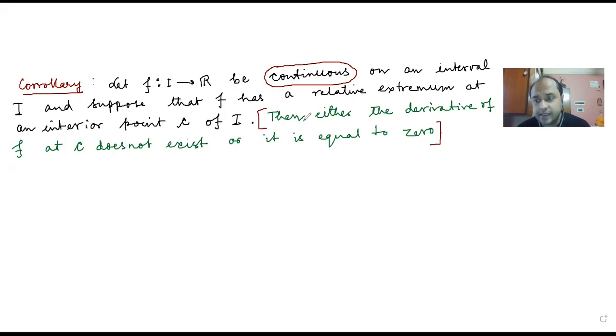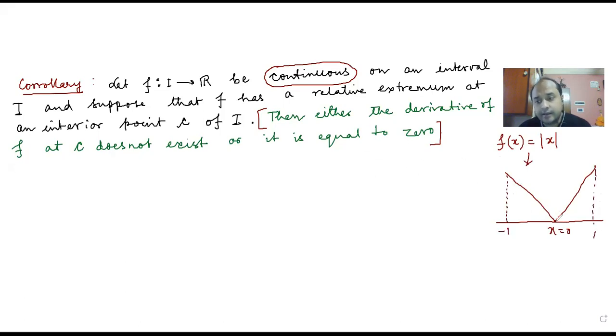We have already seen one example in my last class where I told you such a scenario by drawing the curve of f(x) equal to mod x. If I draw this very roughly, this is the x equal to 0 point, and this is the curve of f(x) equal to mod x, and we are considering the domain from -1 to +1, say.